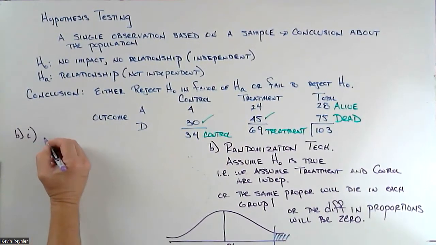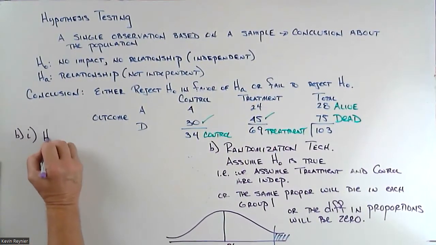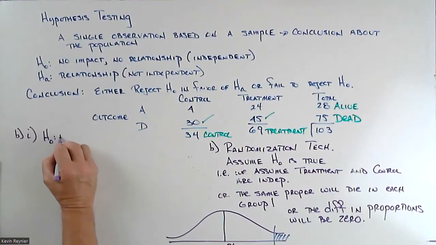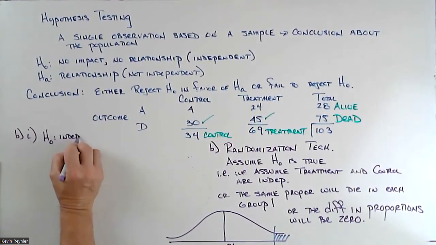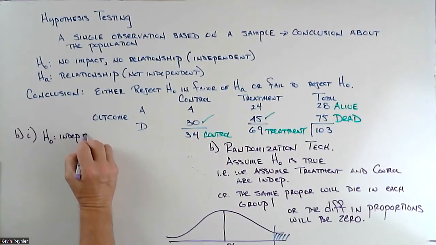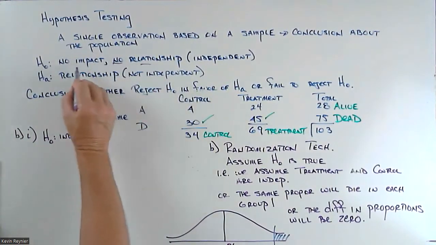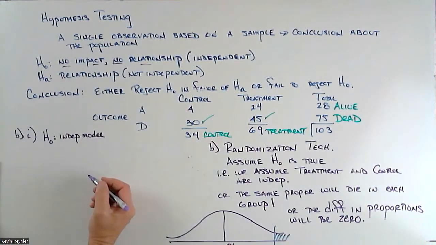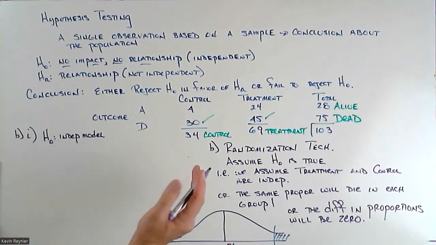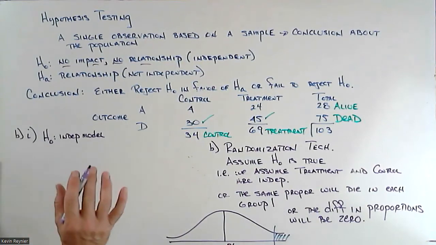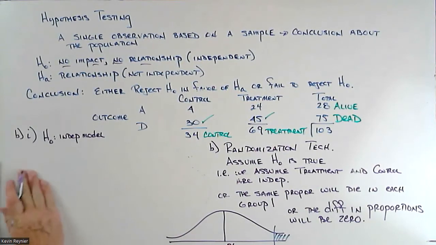They want us to write down the null, and that's our independence model. This is the idea that there's no relationship, no impact. We have to write it in the context of the problem, and that's very important in statistics. We don't just get to write no relationship between treatment and control.